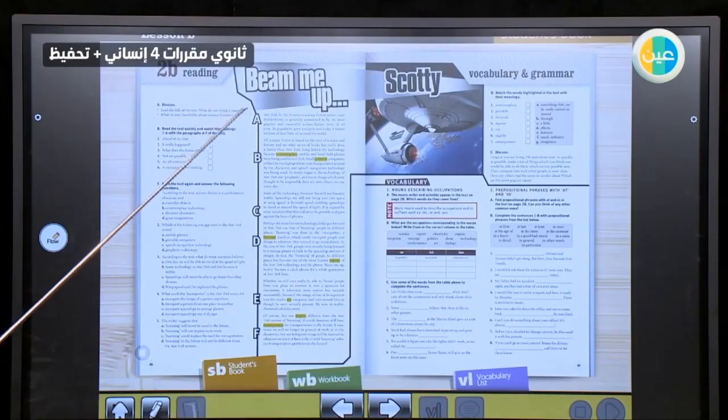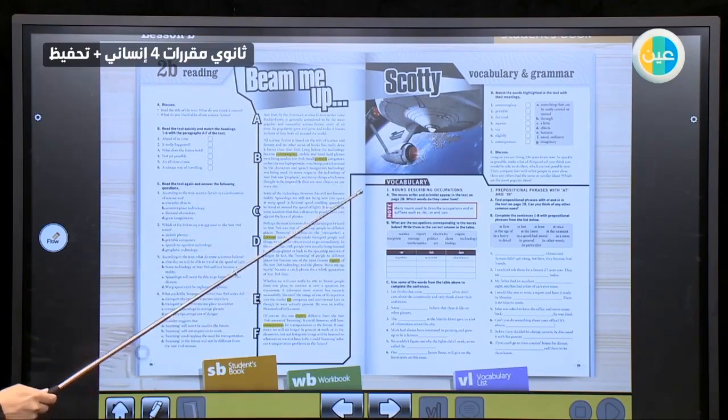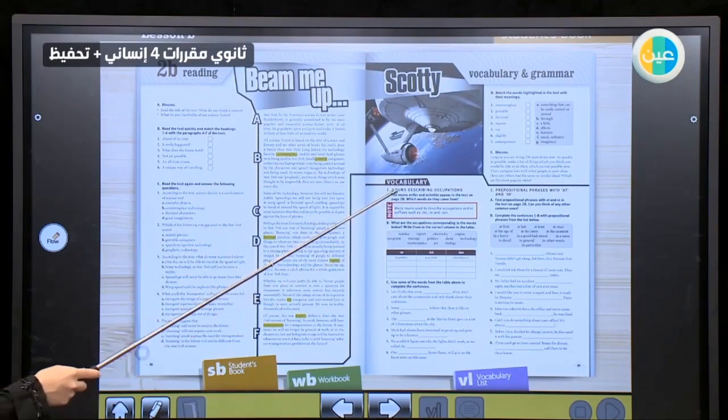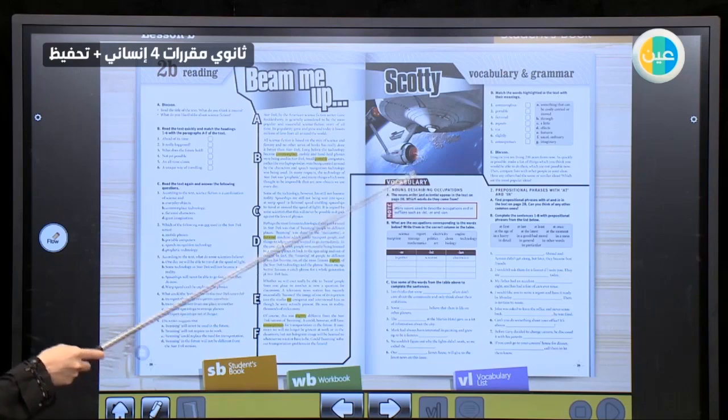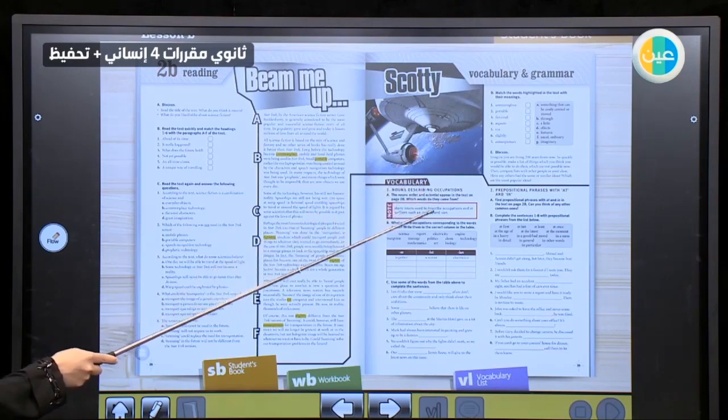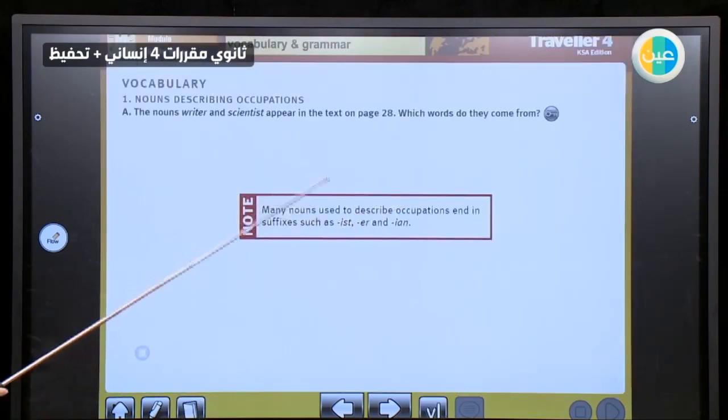Okay, then we have here reading, Beam Me Up. We have here too many new vocabulary items. Match them with their meanings. We have here vocabulary: nouns describing occupations, like doctor, like teacher, like many occupations.